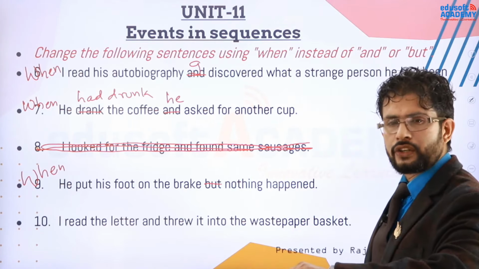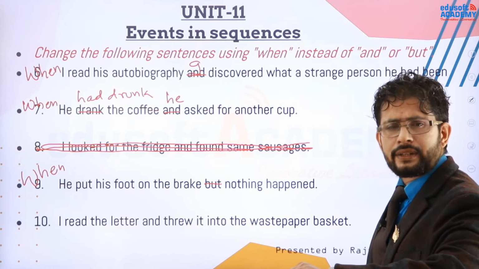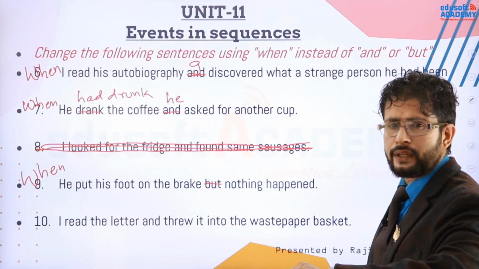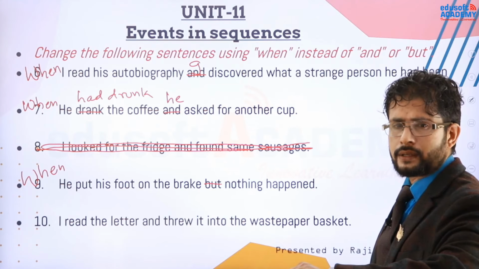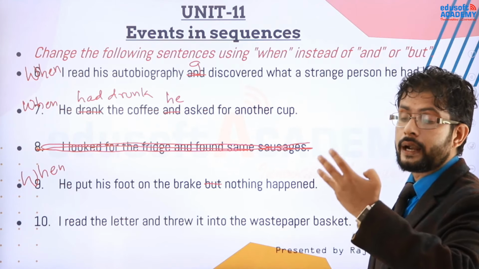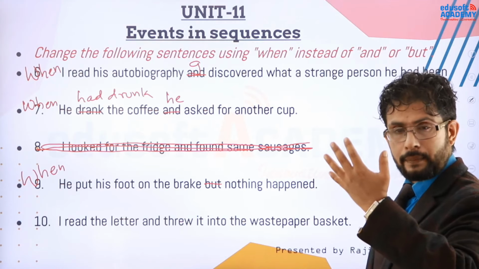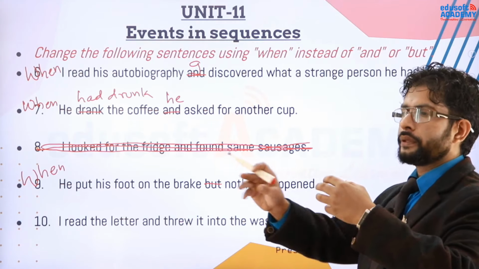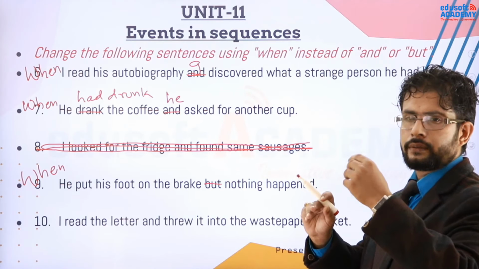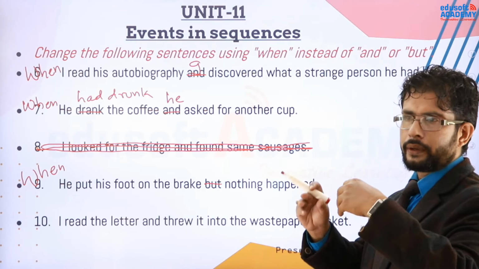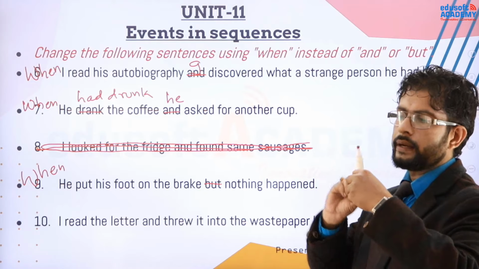Similarly, question number 10, check it out. I read the letter and threw it into the waste paper basket. So you read it and you throw it. You have done two things: an act of reading that paper, and after that throwing it into the dustbin. First, what did you do? Reading, and after that throwing. Did you do it simultaneously, or reading, throwing, reading, throwing?